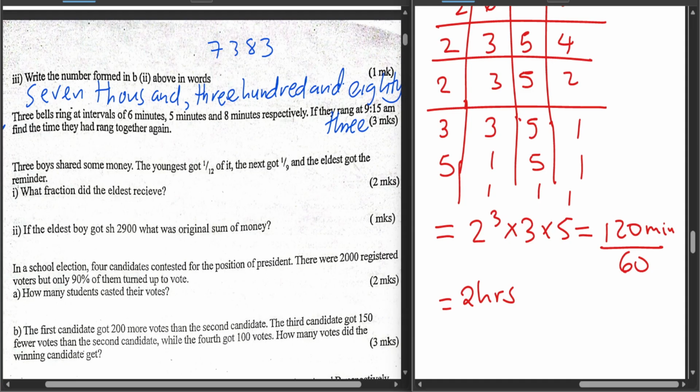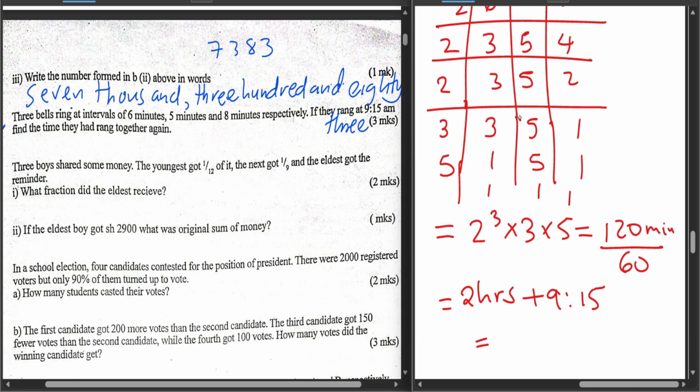So you add 9:15 to the 2 hours, and you're going to get 11:15 a.m. By the way, is it the correct answer? No, because you're told if they ring at 9:15 a.m., find the time they will ring together.